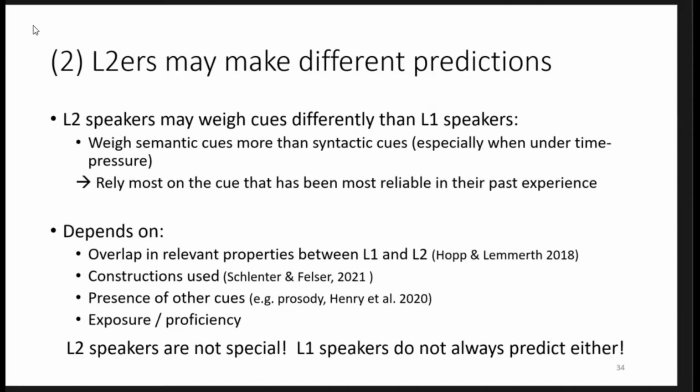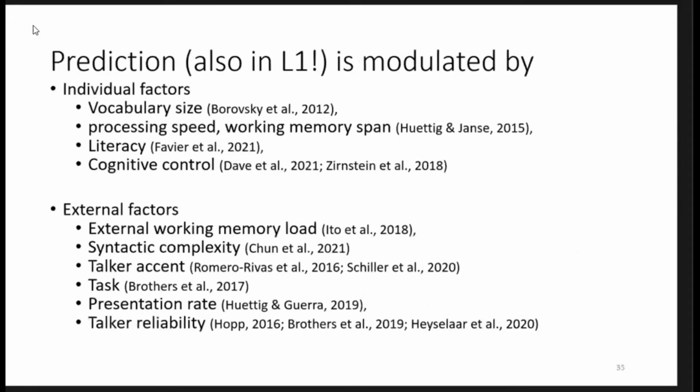Okay. So these were L2 speakers, and I really like to stress that L2 speakers are not special, because L1 speakers also differ a lot in what they predict and when. And by now there is a whole collection of studies varying these different factors. There is vocabulary size, processing speed, working memory, literacy, cognitive control. Those are more individual differences factors.